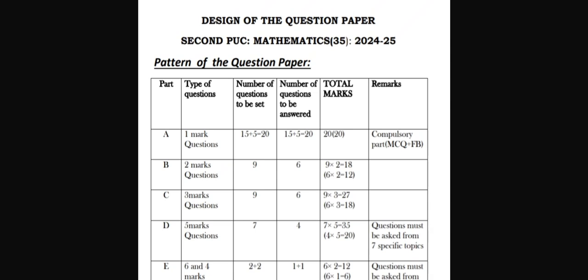The first part contains 20 questions, and all 20 questions are 1 mark questions. The 20 questions are divided into 2 parts. One is multiple choice questions and the other is fill in the blanks.